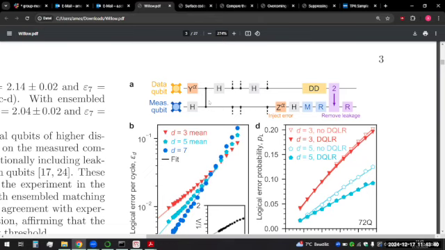So the speed of your error correction scales with this coupling strength regardless. So the leakage scaling with the coupling strength is not too bad because the whole error correction scales with it anyways.